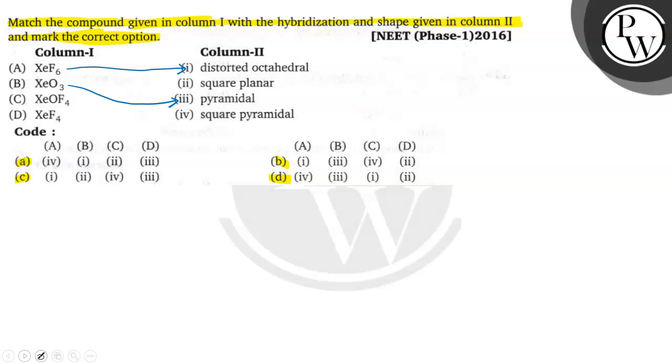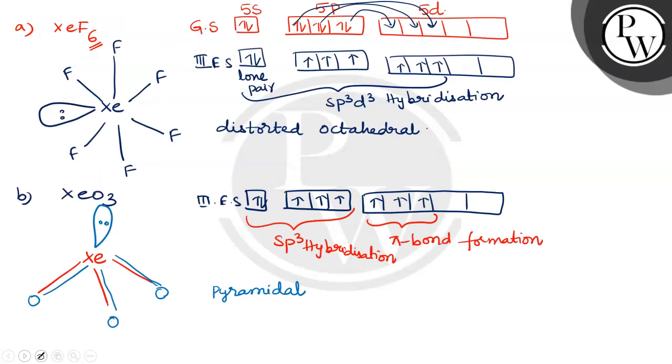C, XeOF4. Here also it requires 6 electrons. So it has 4 bonds with fluorine and 2 bonds with oxygen. Again it is in the third excited state. Already I explained what the third excited state is.